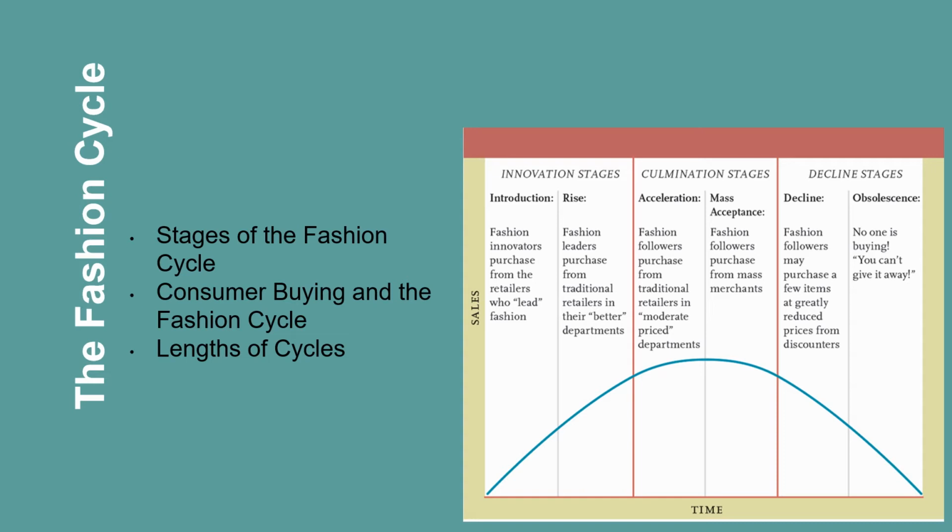If we look at the bottom part of this bell curve, the decline stage, classics I wouldn't say never get there, but they're not there. That's why the Chanel boucle jacket and Levi jeans are still in mass acceptance. Traditionally, they haven't moved to the decline stage.